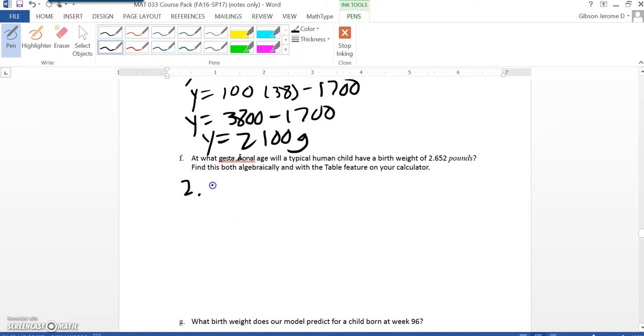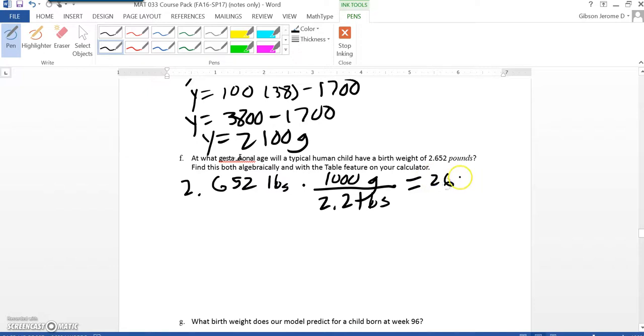So we'll take 2.652 pounds. 1,000 grams is the same as 2.2 pounds. That'll give us 2,652 over 2.2, which will give us 1,205.5. And this is grams, because pounds will simplify out with pounds.